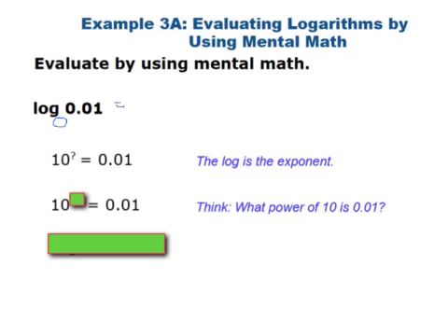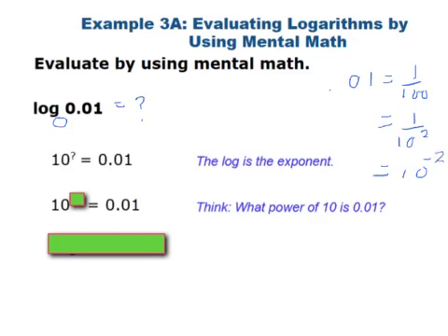So we have to just kind of ask ourselves, 0.01. So let's do some mental math. Isn't 0.01 the same as 1 over 100? And isn't that the same as 1 over 10 to the second power? And isn't that the same as 10 to the negative 2?